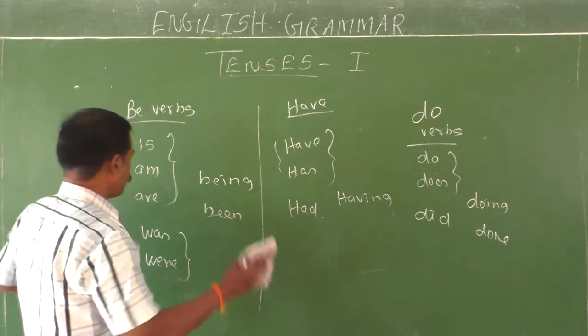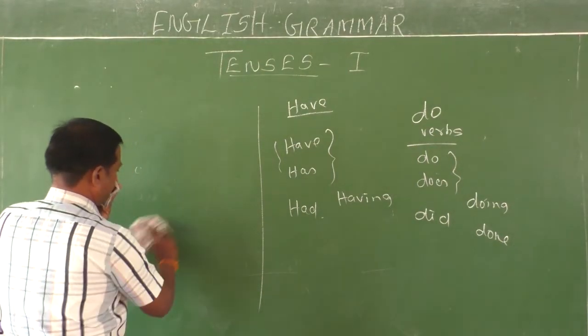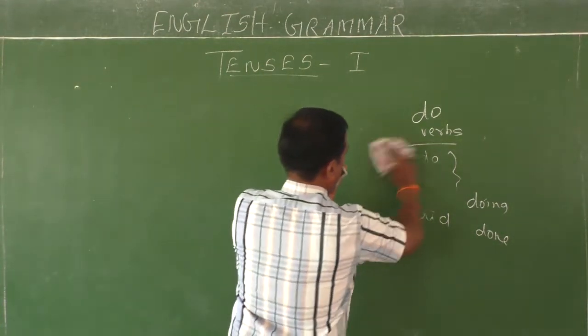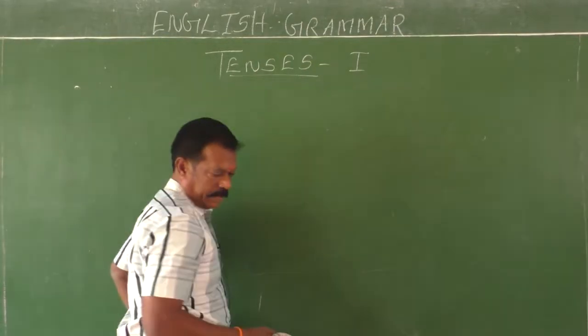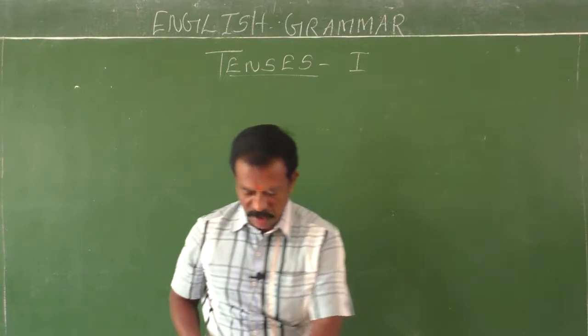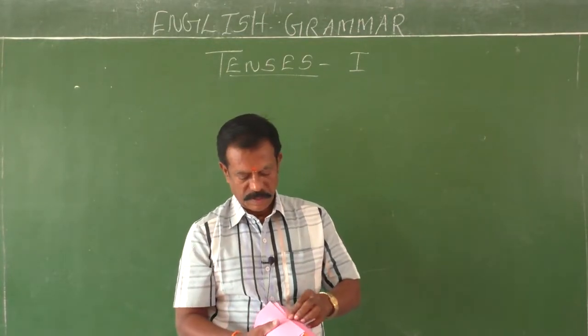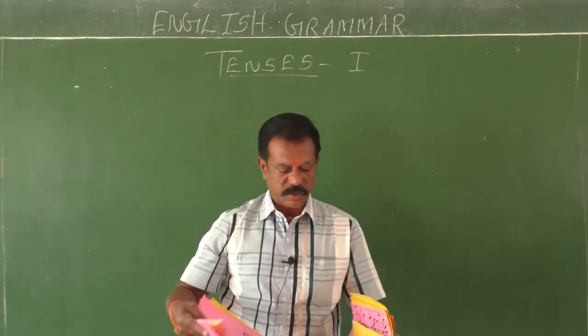Then, let me explain simple tenses. See, I will show you the charts for all these be forms of the verbs. Here I have prepared many picture charts for you also, children.